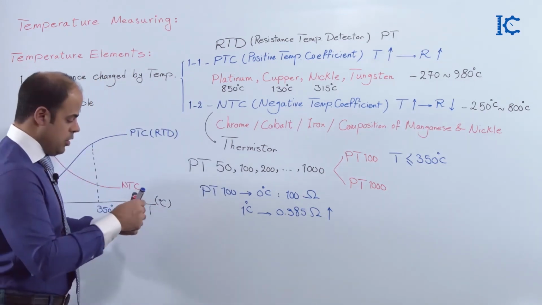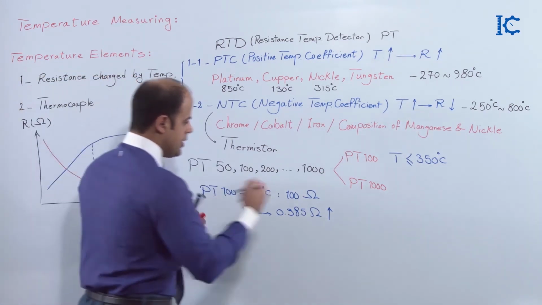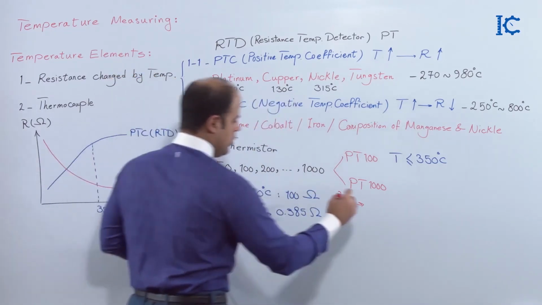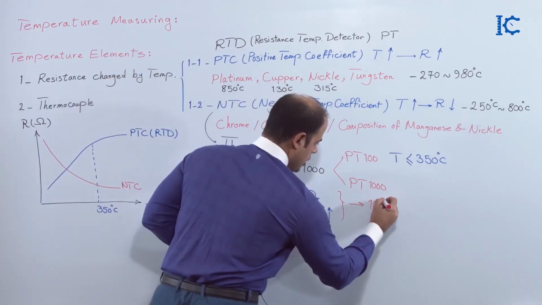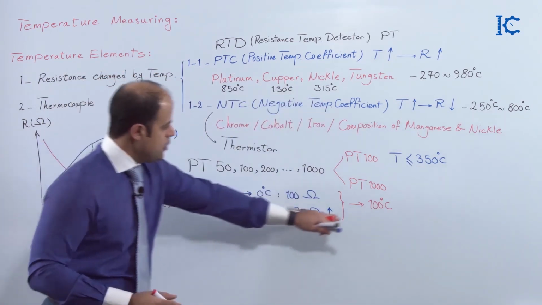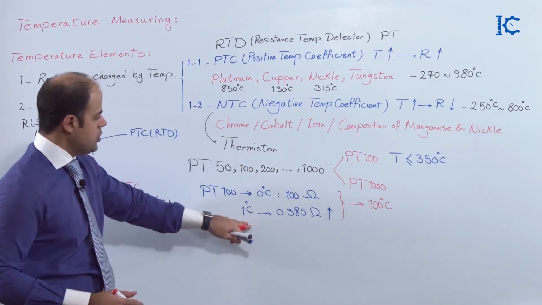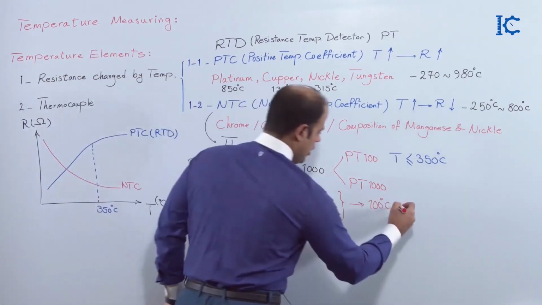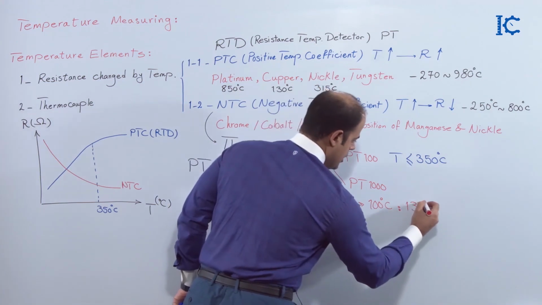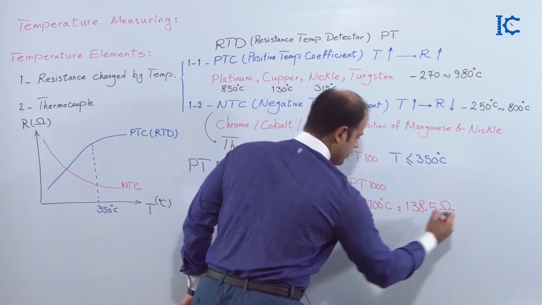So you can get a result that when we reach 100 degrees centigrade, see this one please? If we reach 100 degrees centigrade, for sure we have 138.5 ohm.